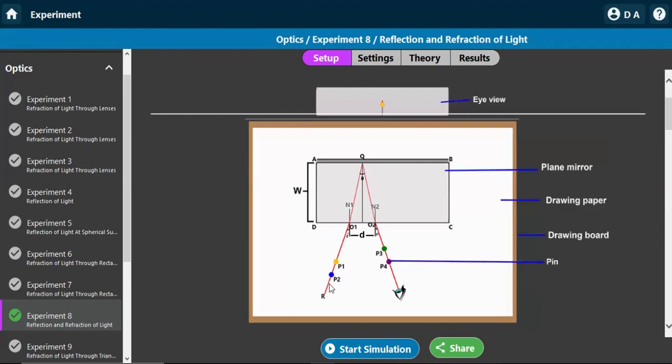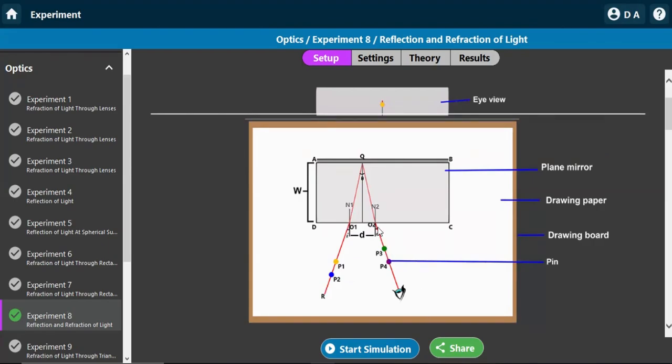The way it's set up is you are going to measure angle I. This I is the angle of incidence. So you measure this angle I, then you draw a line, this red line, then you position 2 pins here. Then you set up the glass prism and the plane mirror, then look through this other side of the glass prism, this side where you have the eyes.